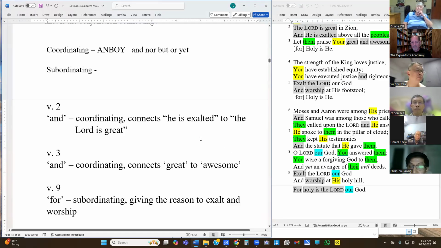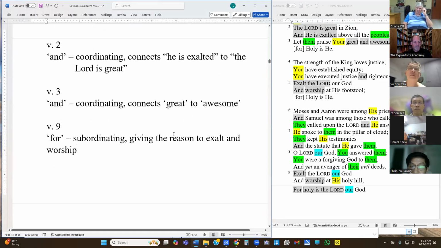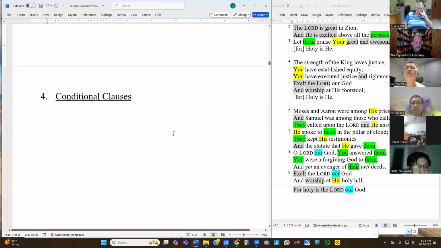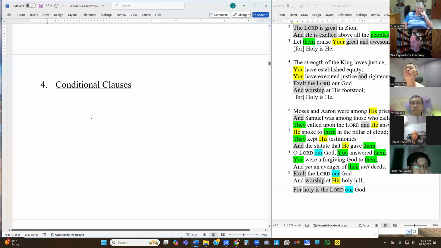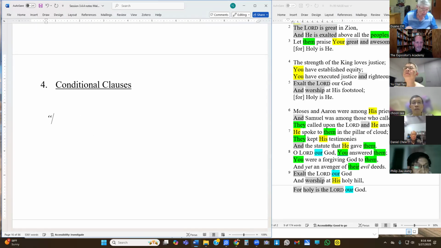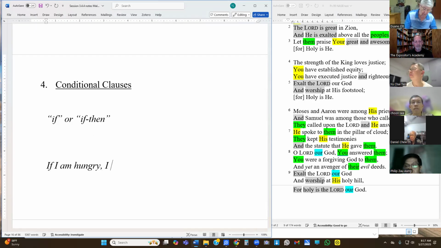Okay, well let's just cover the last two and then we'll be done for this evening. The conditional clauses, remember those are basically conditions, like if we see an if or an if-then statement. A condition is, if I am hungry, I will eat dinner.